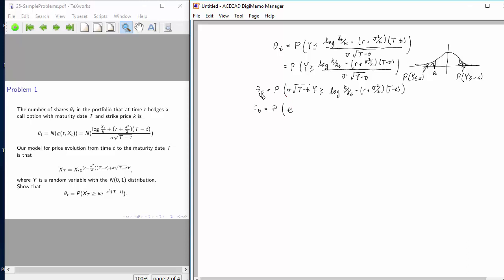So I now have the exponential of random variable y times sigma times the square root of the time to maturity has to be greater than or equal to, I'm conveniently exponentiating a logarithm, and I am exponentiating, and I'm going to split this up now, r times capital T minus little t minus sigma squared over 2 times capital T minus little t.